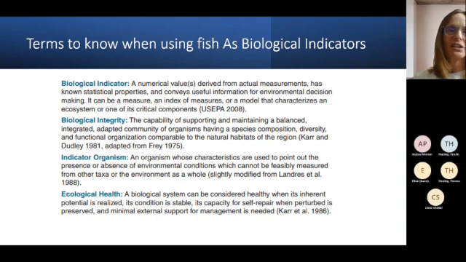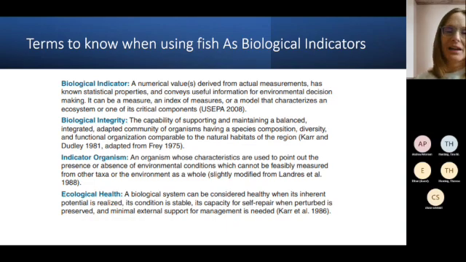What is biological integrity? Is this habitat capable of supporting and maintaining a community of organisms? And then an indicator organism. That's an organism whose characteristics point directly to environmental conditions. I don't know if you've ever heard of a canary in a coal mine.